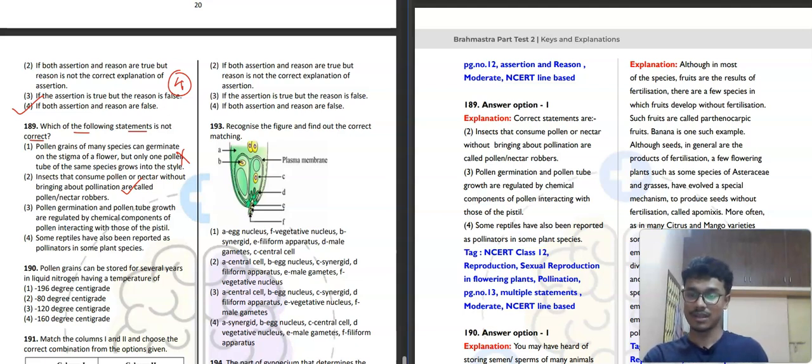And the next one is pollen germination and pollen tube growth are regulated by chemical components of pollen interacting with those of the pistil. It is absolutely correct. Some reptiles have also been reported as pollinators in some of the plant species. It is also correct. The incorrect one is the first option. Basically it is saying that one pollen tube of the same species grows. This is not correct. So the first option is incorrect. That is our answer.